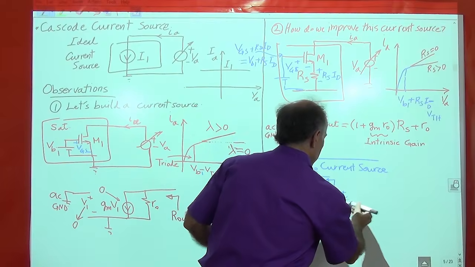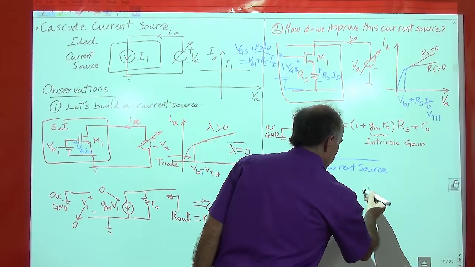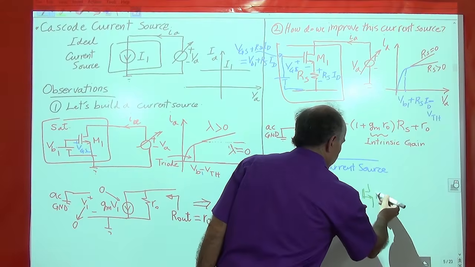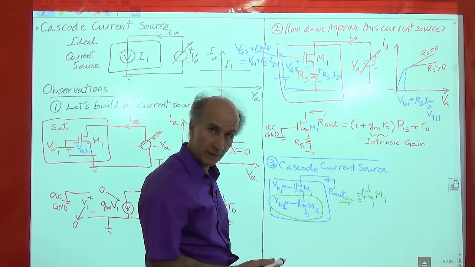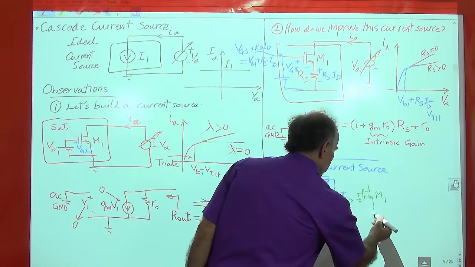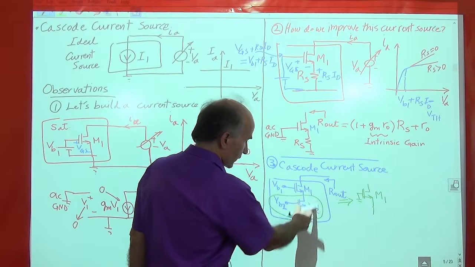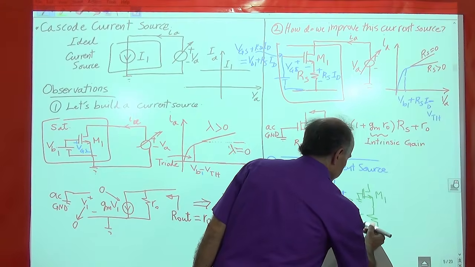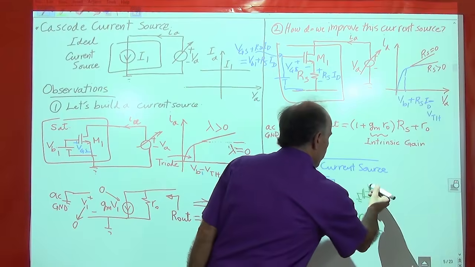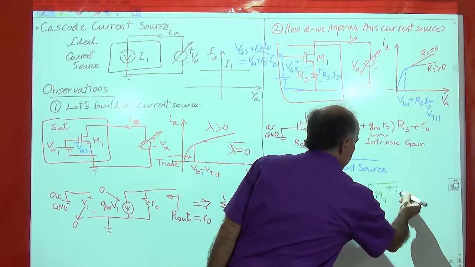So I can simply say that this circuit really looks like this. I have M1. The gate is at AC ground. We're doing a small signal analysis. And the source of M1 connects to this little circle here, which is just RO2. And I am interested in this output resistance.